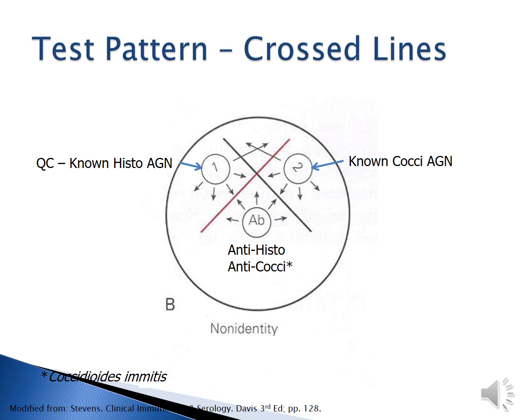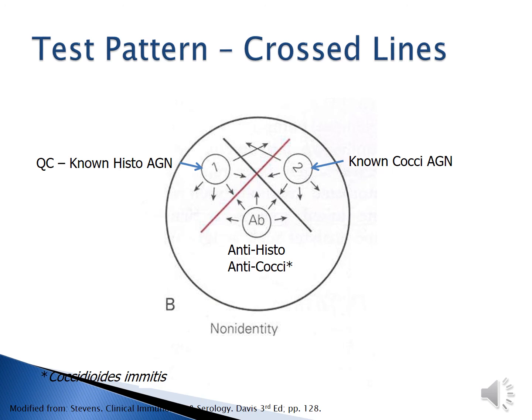Now, we get these cross lines because the antibody to histo is diffusing out and creating that red line all the way across because the antibodies are diffusing out that far. We're not going to have that arc of identity because the coccidioides antigen is not going to bind with the histo antibody, right? Because they're different antigens.